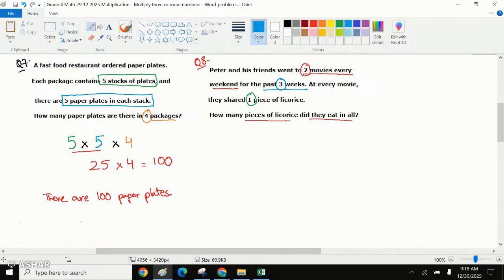They went twice, for 3 weeks, and they shared 1 licorice. The total would be 2 multiplied by 3 is 6, and 6 multiplied by 1 is still 6. So the answer would be they ate 6 pieces of licorice together, right?